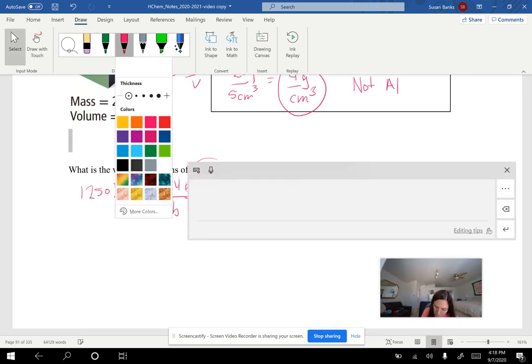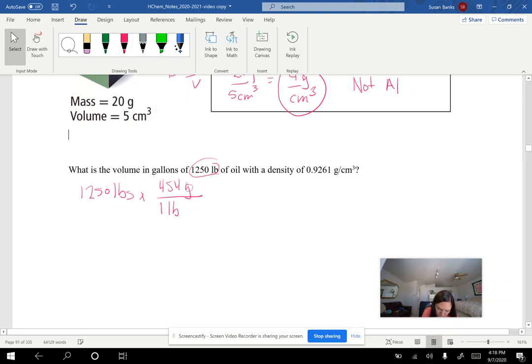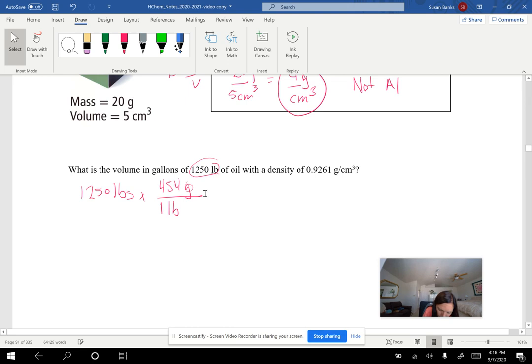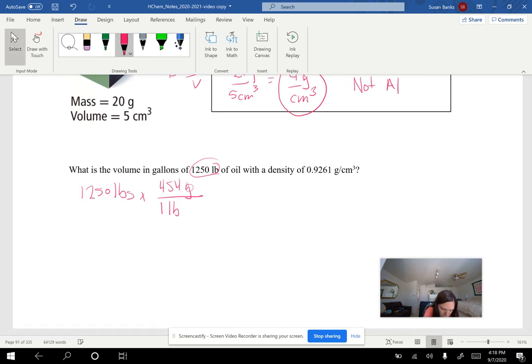When we do that, we're going to put the grams on the bottom because we want the grams to cancel out, and we want the centimeters cubed to be on the top. So my pounds are gone, my grams are gone.